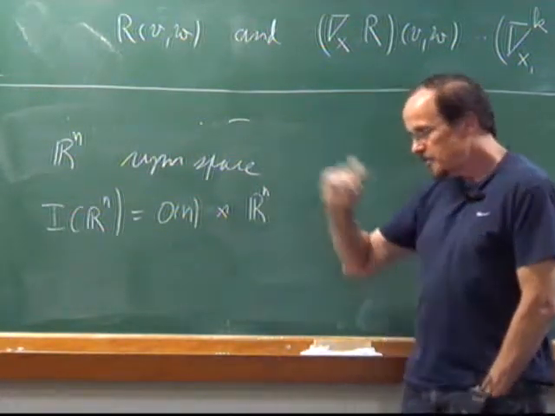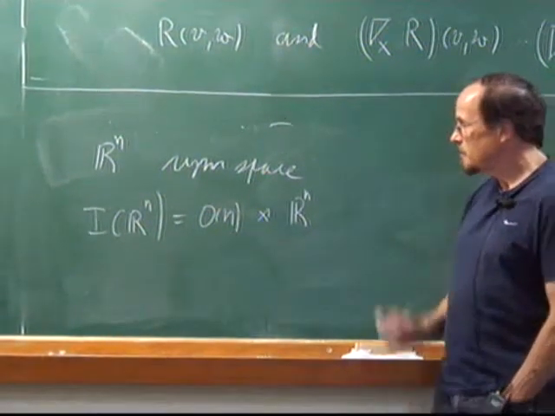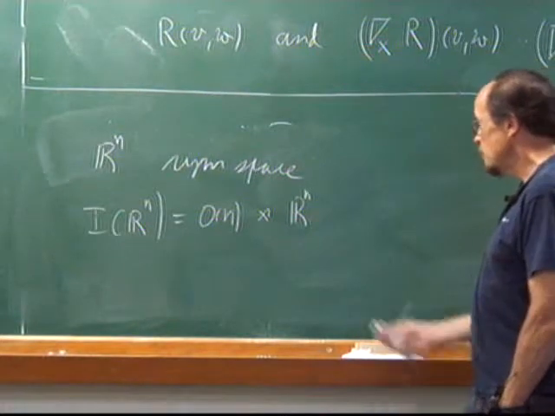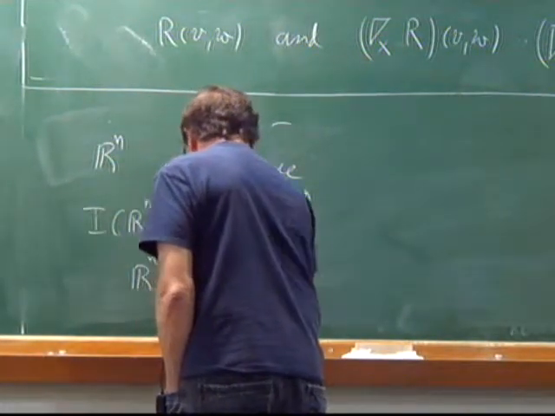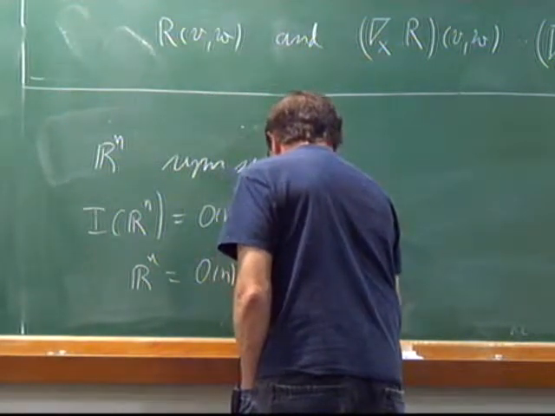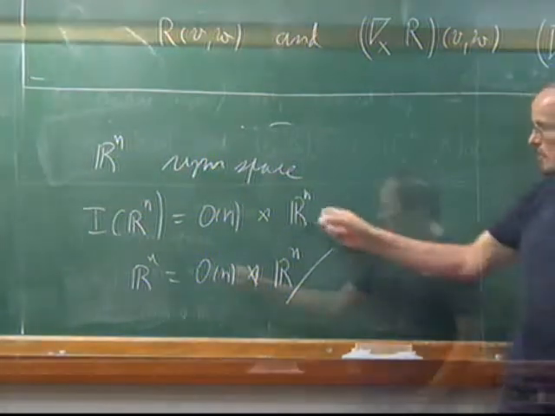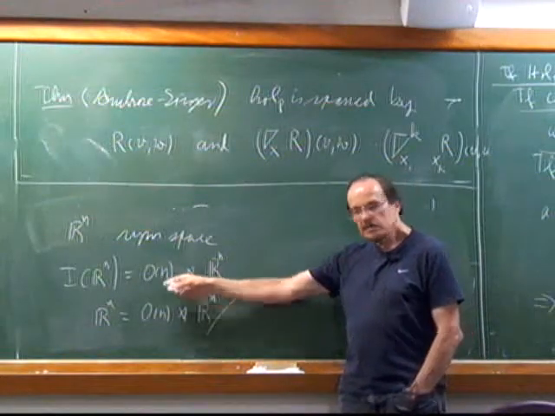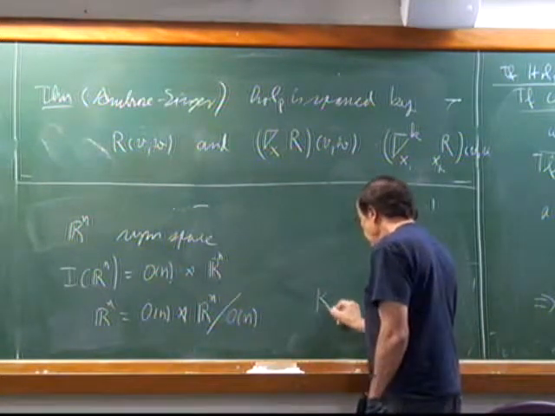But you have translations, and then you also have rotational compositions of those, right? That's the full isometry group. So if I write Rn as a quotient of the isometry group, it becomes O(n) cross translations divided by the stabilizer of the origin, and that's, of course, only the rotations, like O(n). The group K here is O(n).